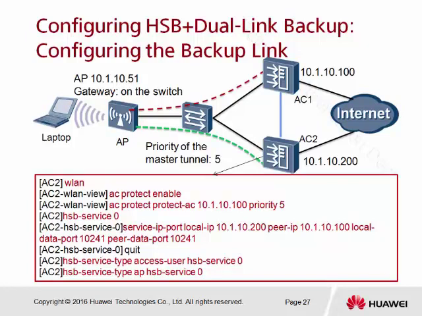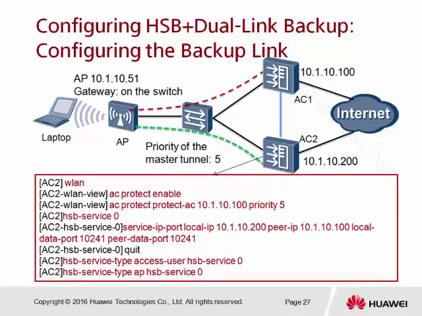This is the example configuration for AC2. They did the same thing as AC1, but when you configure AC protect in the WLAN view, there are some differences. On AC2, we use the command AC protect, protect AC 10.1.10.100, which is the IP address of AC1.